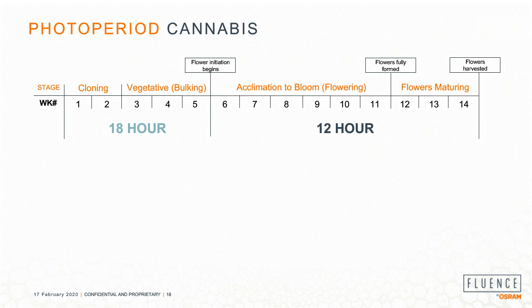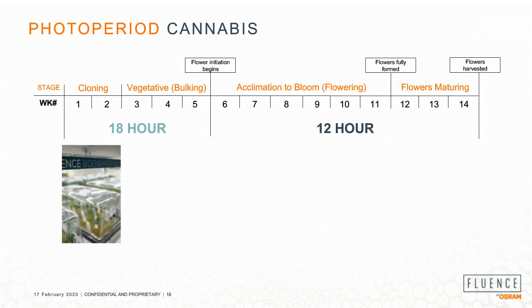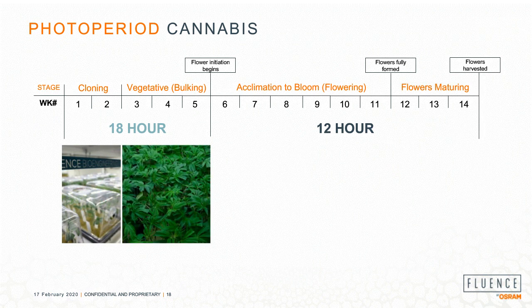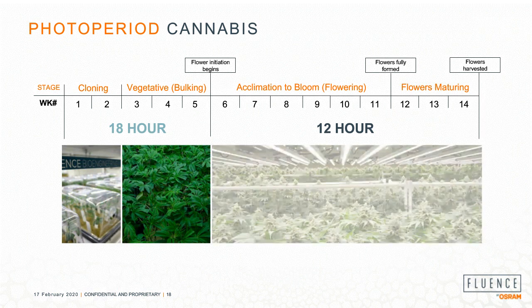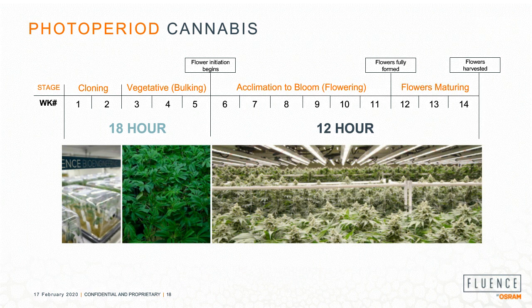And so as you can see, we'll start off with clones, which will be dictated by an 18-hour photoperiod. This is what we consider the long day photoperiod, followed by the vegetative cycle, or the vegetative bulking cycle, which we see lasts anywhere between 2 and 3 weeks. And then going into the 12-hour short day cycle, where we initiate flowers.